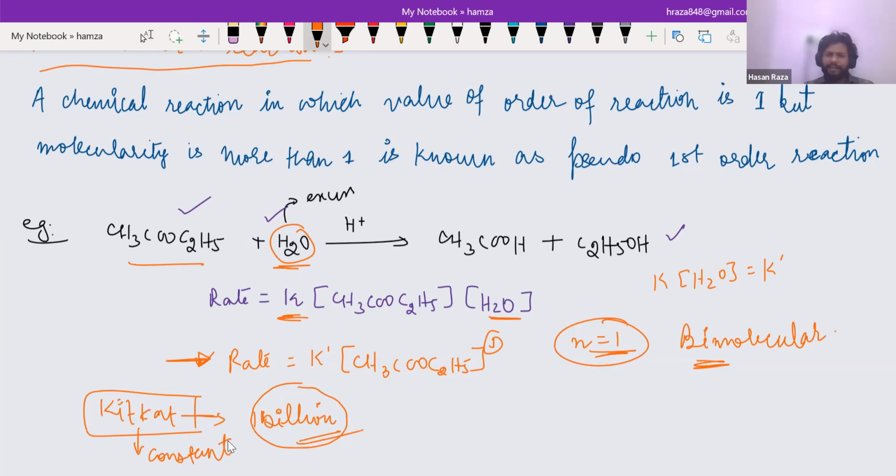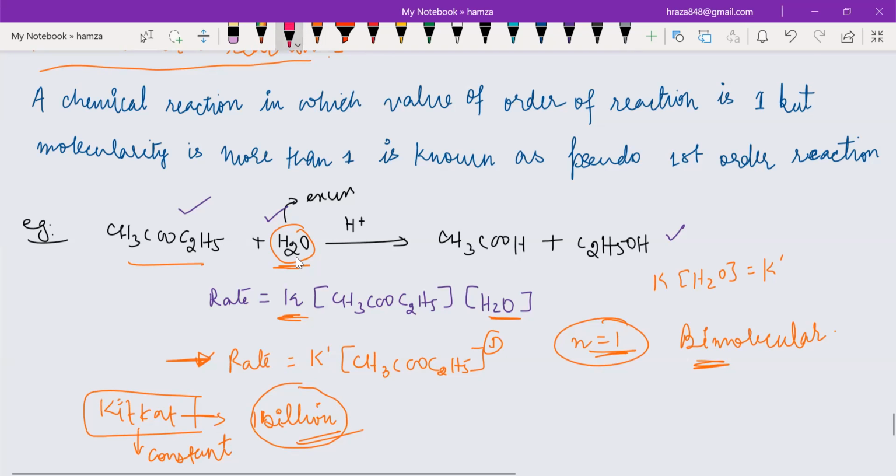Will you finish it easily? No. So can I take this Kit Kat as constant, because it will finish so slowly that we cannot even think about it? Are you getting my point, Nafisa? Yes, sir.